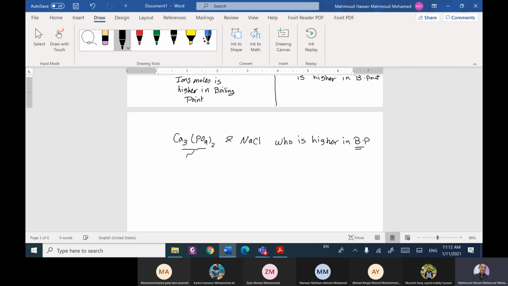In the case of calcium phosphate, we will find 3 moles of calcium ions and 1 mole of phosphate ions. So the total number of moles of ions is 4 moles of ions. But in the case of sodium chloride, we'll find 1 mole of sodium ion and 1 mole of chloride ions produced in the aqueous solution. So 2 moles of ions.